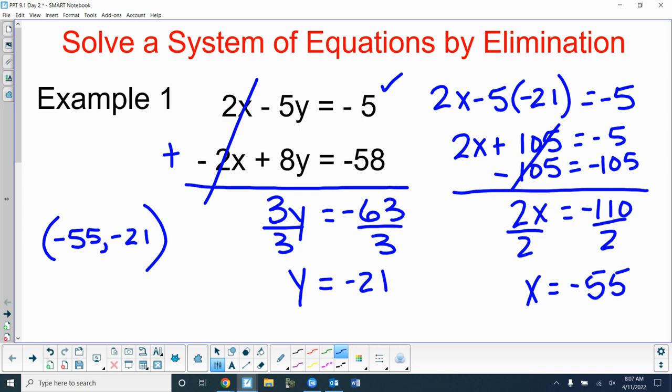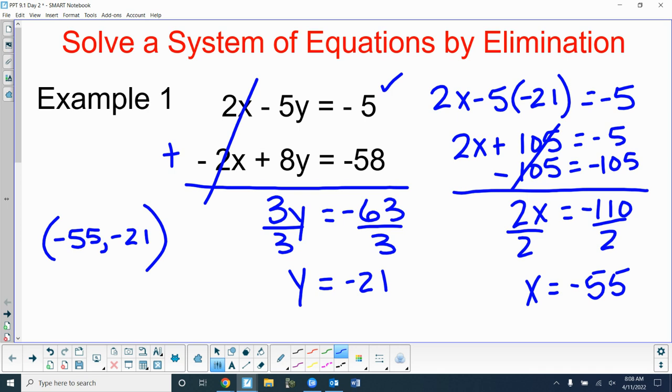No. Okay? So what do you have to do then? To make them the same. You guys remember? You got to multiply one of them or both of them to get either the x's the same or the y's. Let's just say that was a 3x there. And we wanted to get the y's the same.